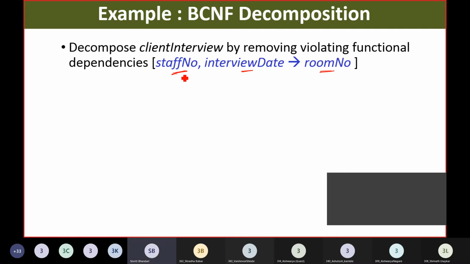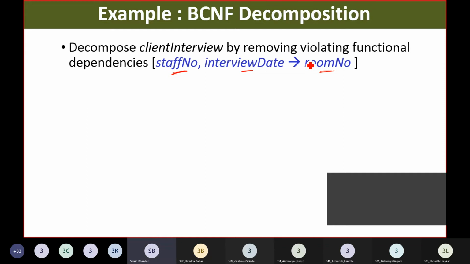Right? We said that this dependency is allowed in 3NF, and that is why we declared that the client interview relation is in 3NF. Right? But due to this dependency, we have some redundant data in our 3NF relation.